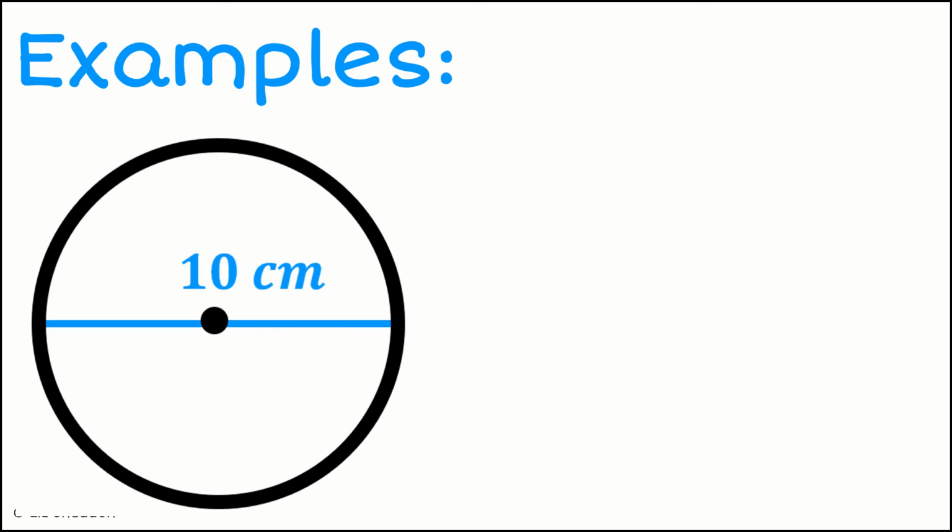Now here, the 10 centimetres is a diameter. So before I can use my formula for area, I need to work out what the radius is. If I know the diameter is 10 centimetres, then the radius is half of that, so it's the diameter over 2. That's 10 divided by 2, which gives me a radius of 5 centimetres.